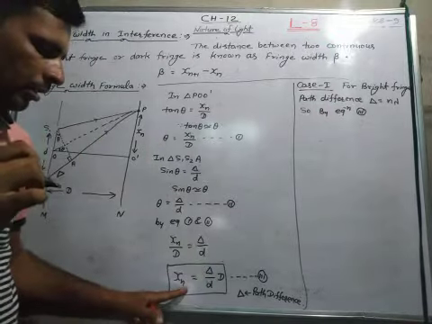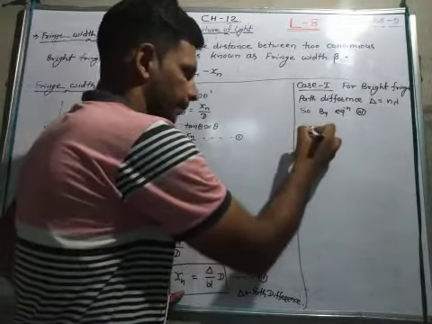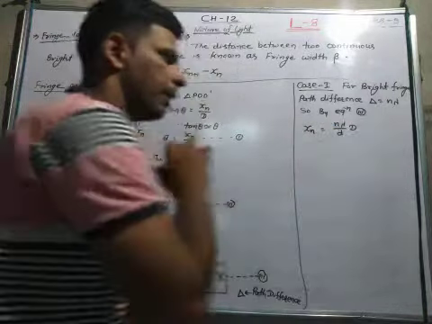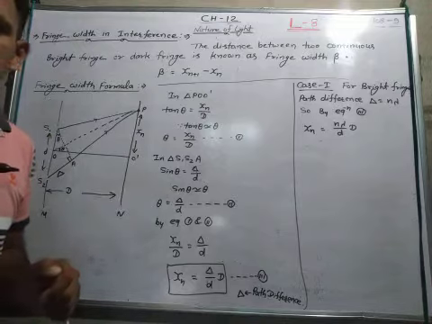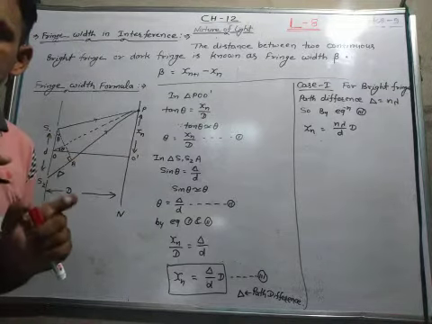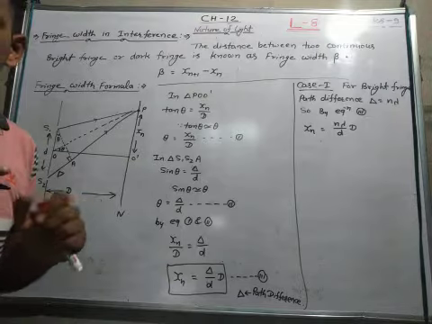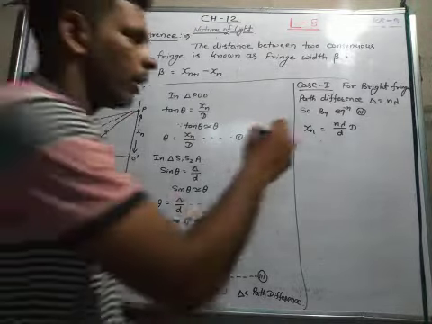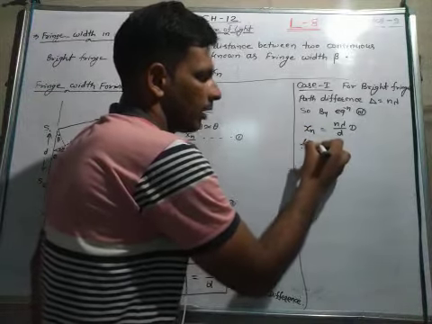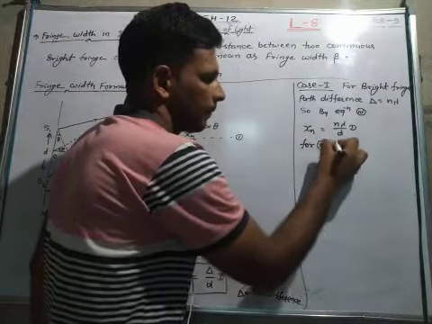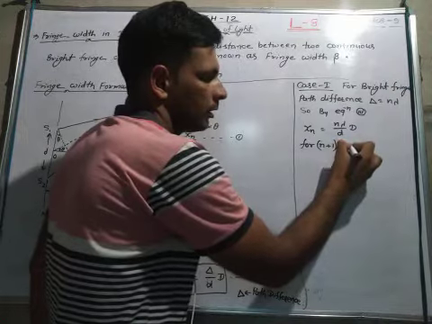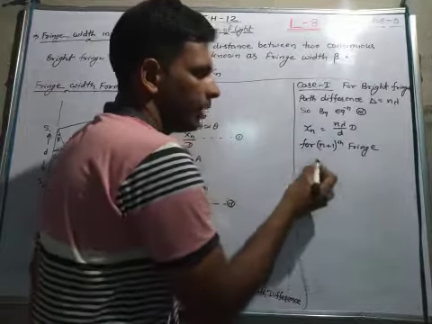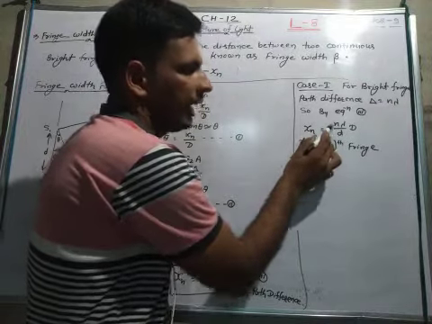So xn is equal to n lambda upon d into capital D. This is xn, the distance of the nth fringe from the center. For the n plus 1 fringe, we take n plus 1 at the place of n.